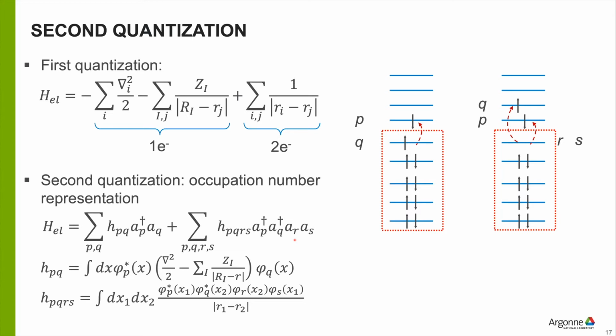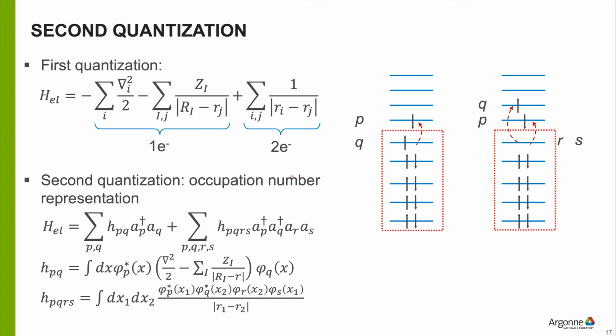So first of all, the equation that I showed you on the first slides, the electronic Hamiltonian, is the so-called first quantized Hamiltonian, where we have one electron terms that involve one electron and the two electron term.